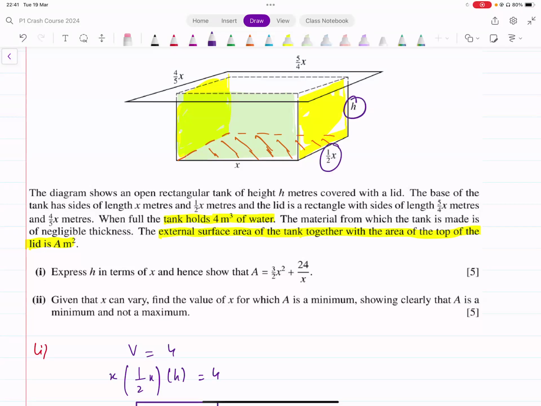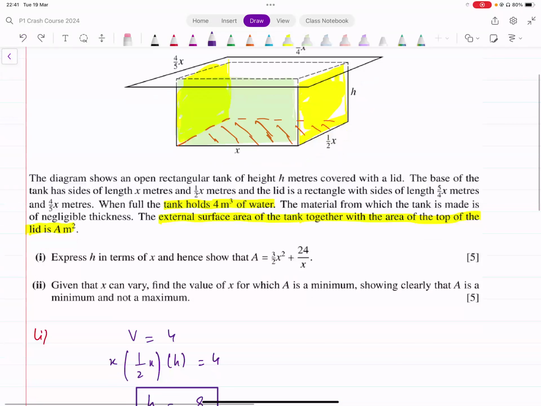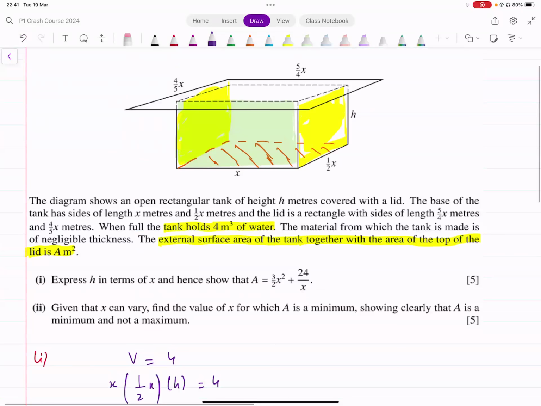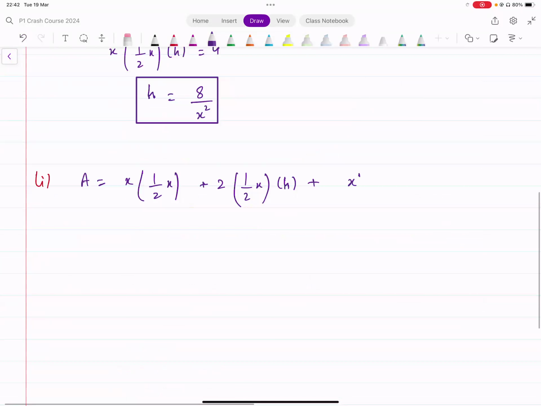Half x into h is the area of one of these faces, but there are 2 faces like this, so we multiply by 2. Plus the green face: x is this side and the vertical side is h, so x times h. But there are 2 green faces, so we multiply this by 2 as well.